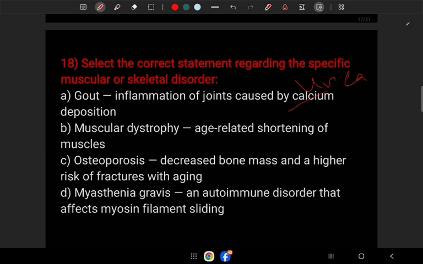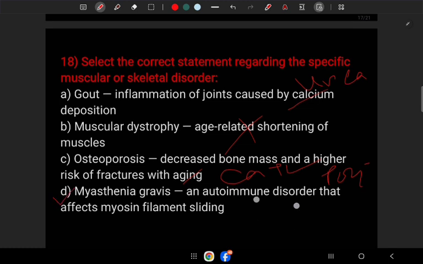So this is also false. Osteoporosis decreases bone mass and gives higher risk of fracture with aging, not aging, it is the absence of calcium and phosphate. Myasthenia gravis, an autoimmune disorder that affects myosin filament sliding. This is the correct option D.